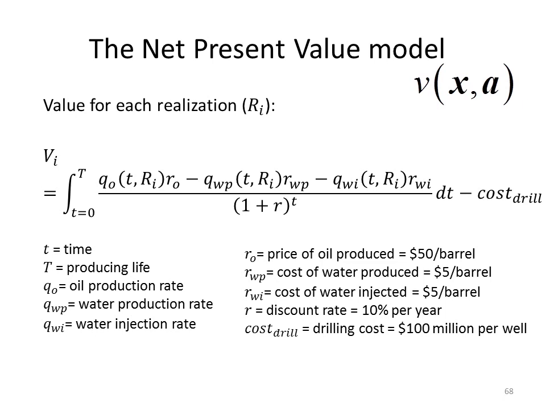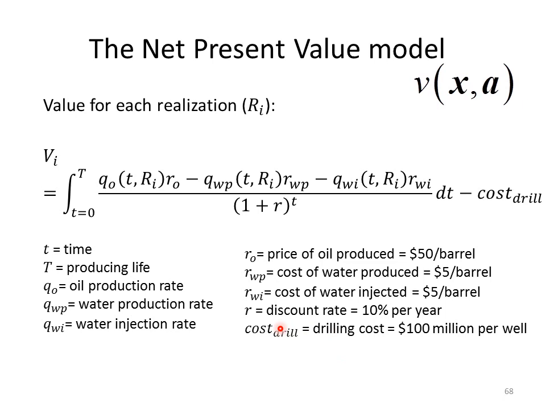And then the value depends on the uncertainty as well as the alternative, the 15 possible alternatives. For each realization, we use a fairly standard net present value model that is typically used in these kinds of problems. This depends on the price of oil, cost of water produced, cost of water injected, and some discount rate.